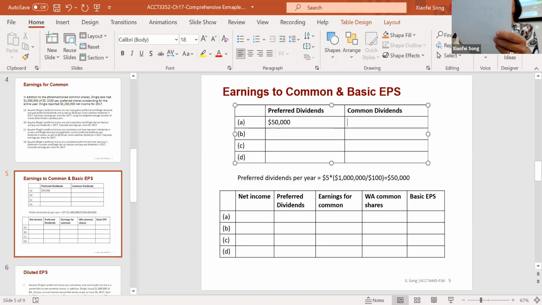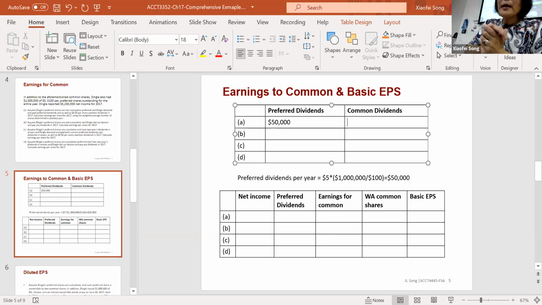Yes, if the dividends is issued at the end of the year, you use the number of shares outstanding at the time. There's a date of record, remember? Date of declaration, date of record, and date of distribution, right? So on the record date. So we assume it's at the end of the year.